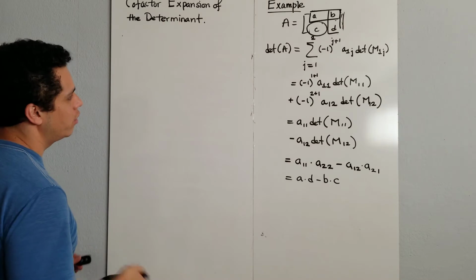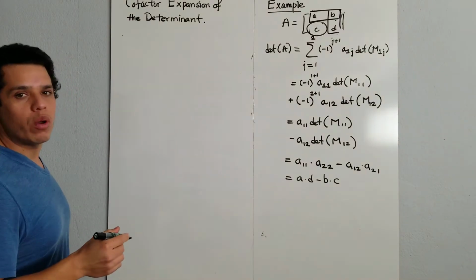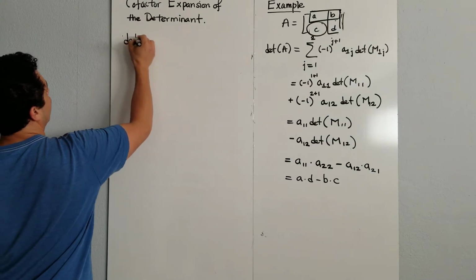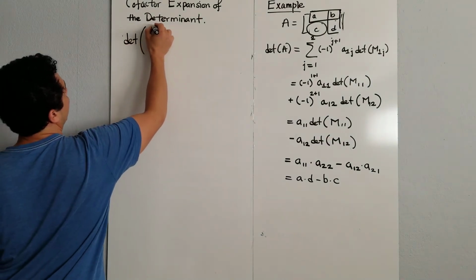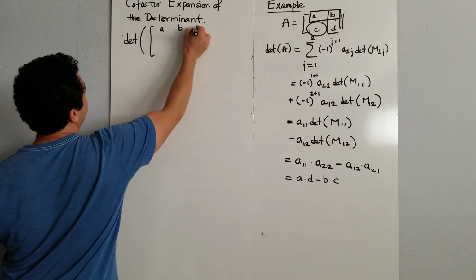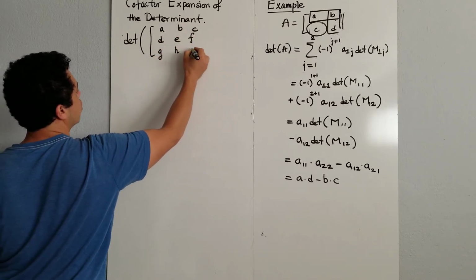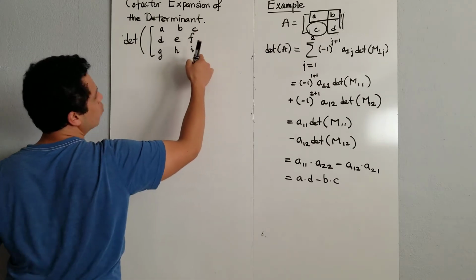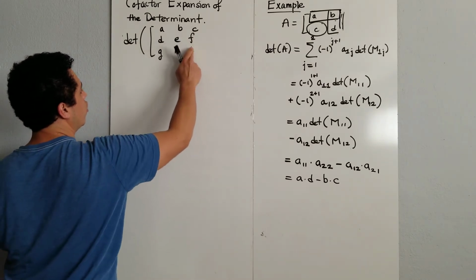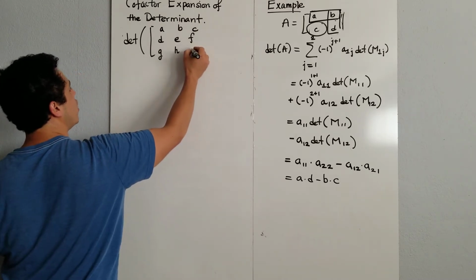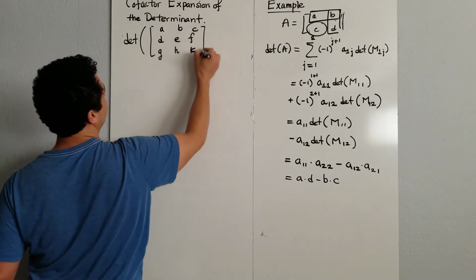Let me take the determinant of a 3 by 3 matrix: A, B, C, D, E, F, G, H, I. Probably that's not a good quantity because we use I for the rows, so I'm going to replace it with a K just for the sake of the problem.